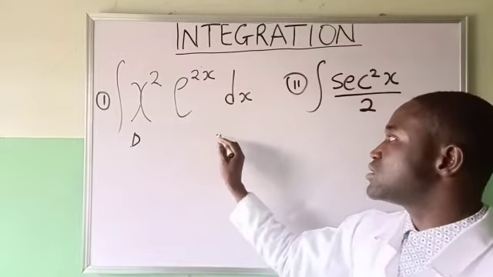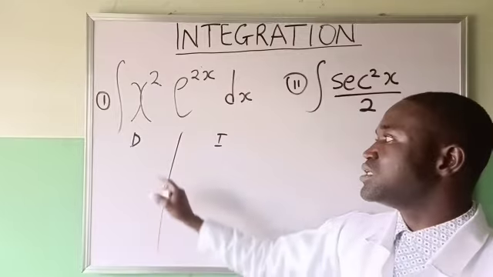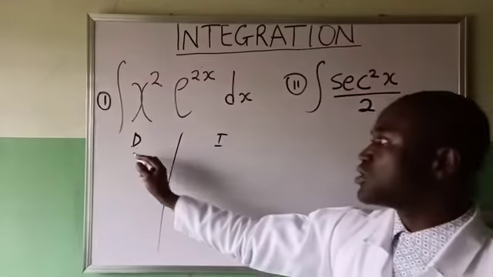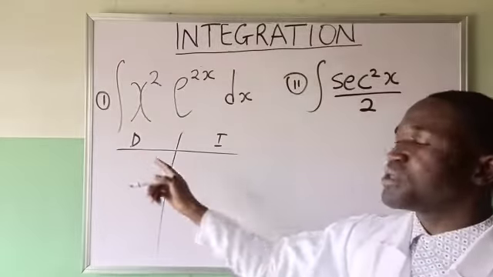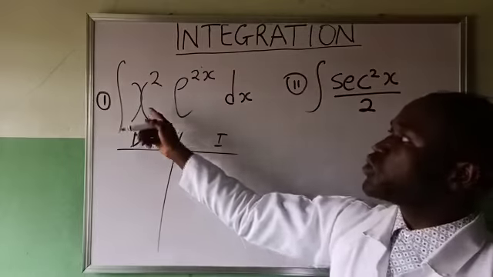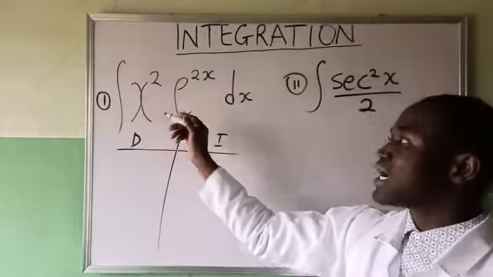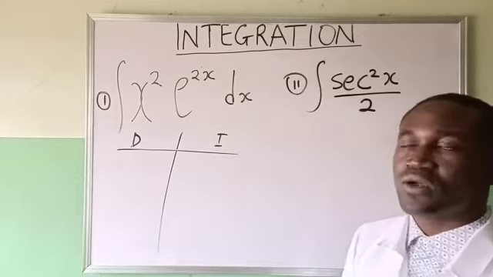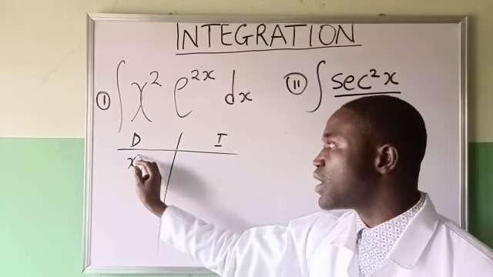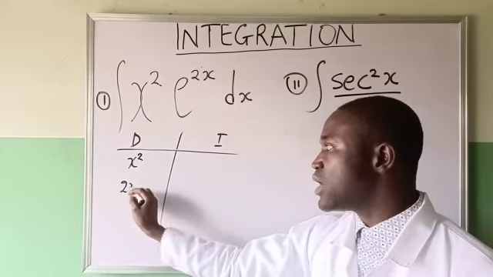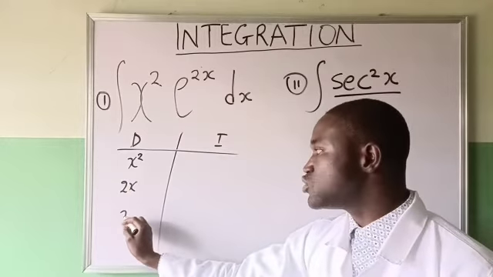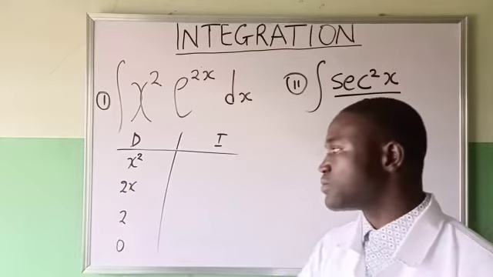Write D, write I. This is differentiation and integration. How do you know which will be here? Check which of these two functions you can differentiate and get 0. I will write x squared, differentiate it, 2x, differentiate it, 2, differentiate it, 0.